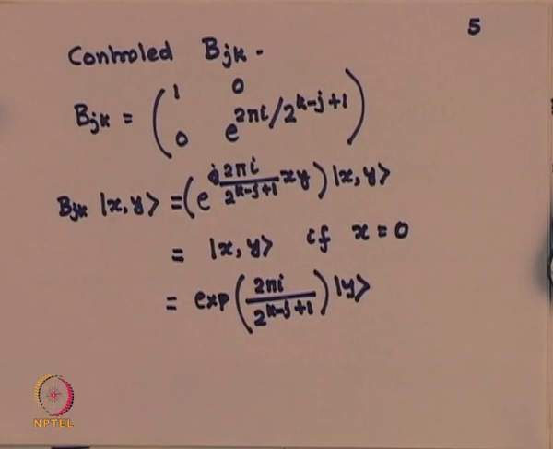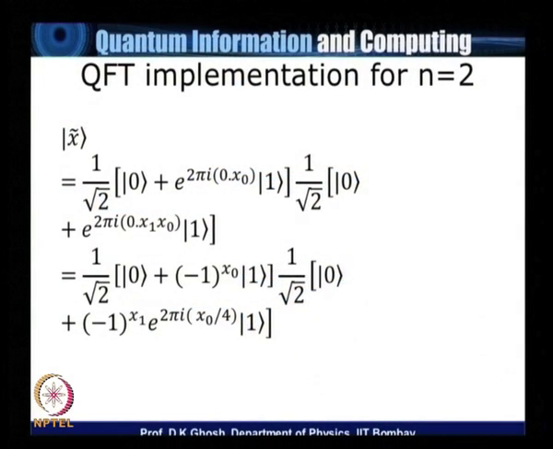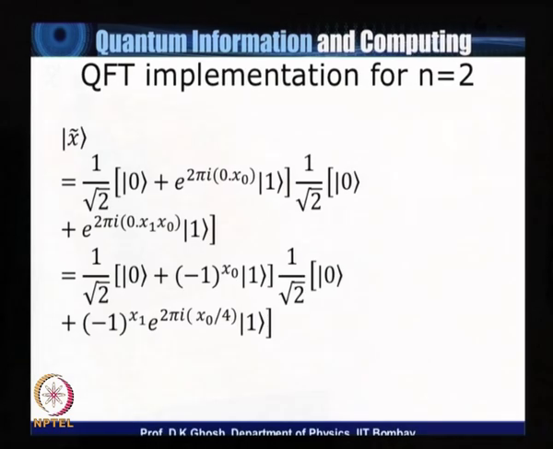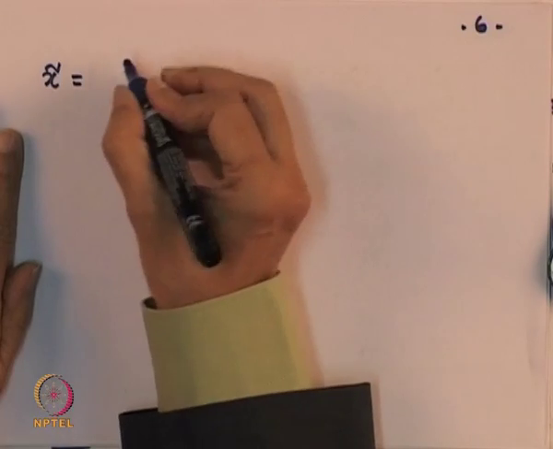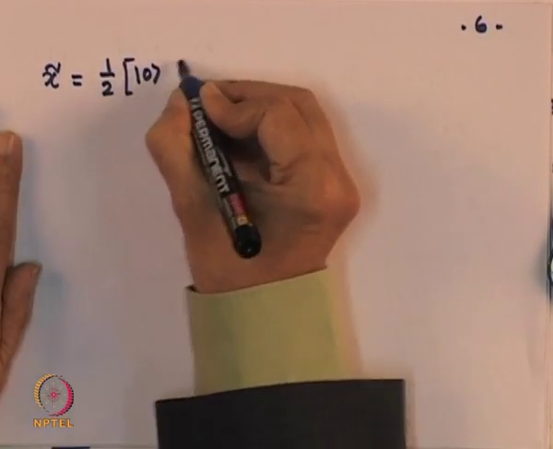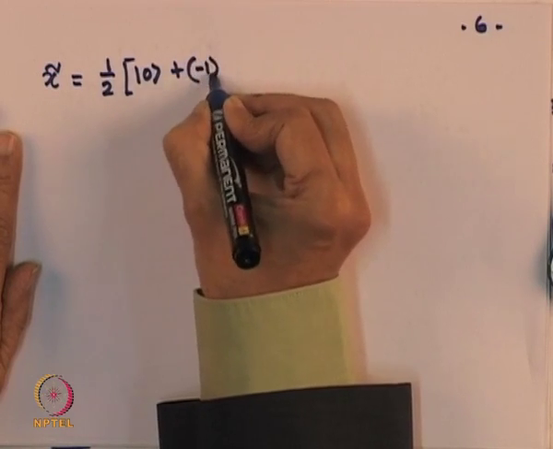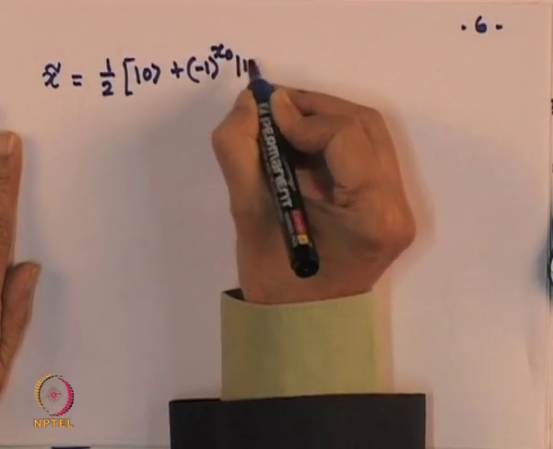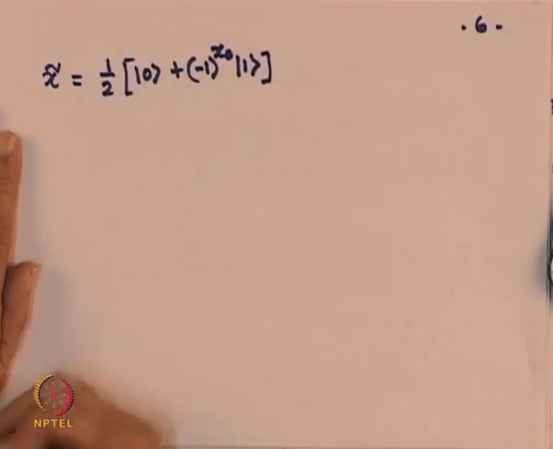Now with this, let us return back to our previous slide. So we said my x tilde, which was the Fourier transform, was given by this slide. So x tilde then becomes equal to, first one as we said is just Hadamard, 1 by root 2, 0 plus minus 1 to the power x0 1, nothing to be done there.